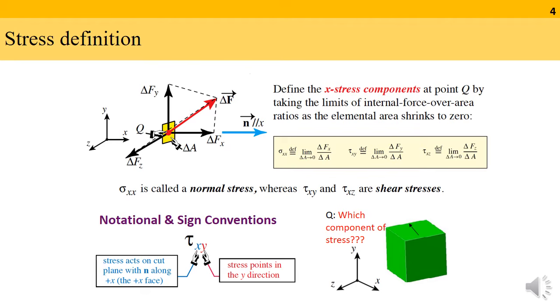So, now look at this figure and try to figure out which component of stress is shown by this arrow. The outward normal is the y, and the force is parallel to the x direction. So, this arrow is depicting the stress component tau yx.